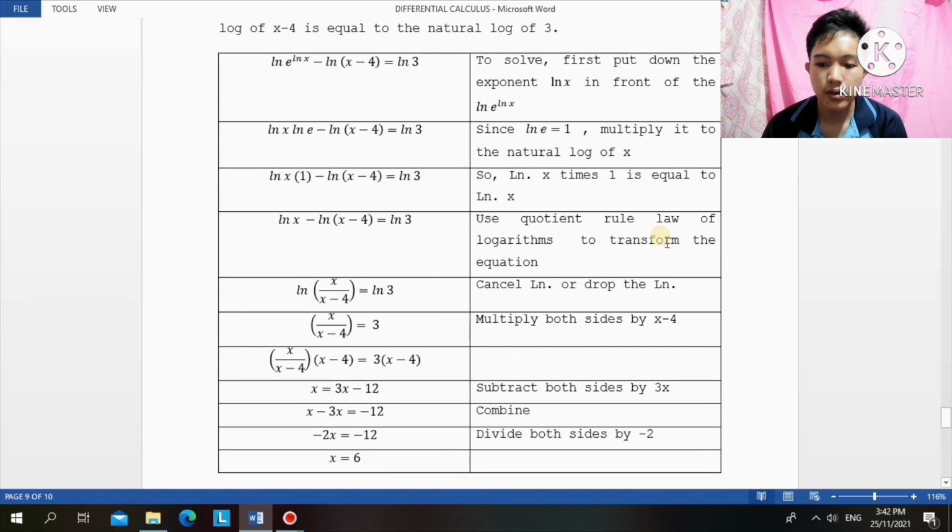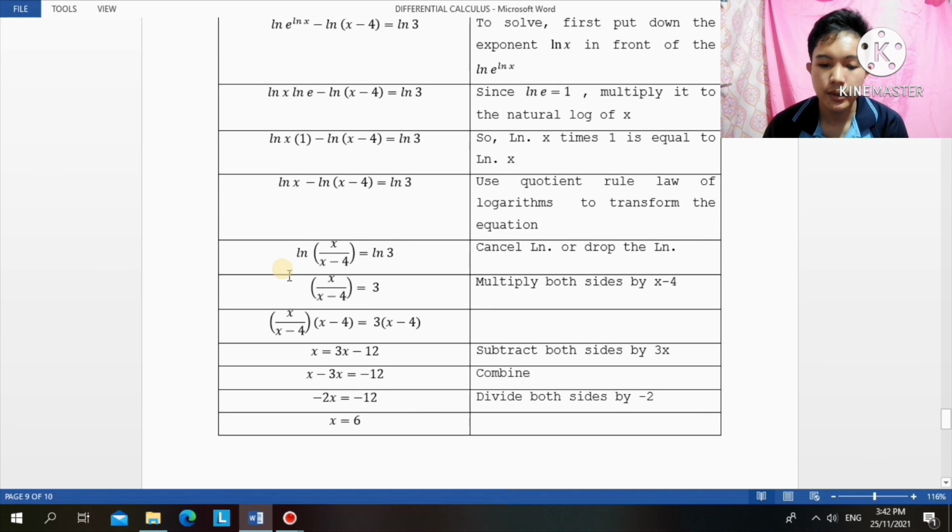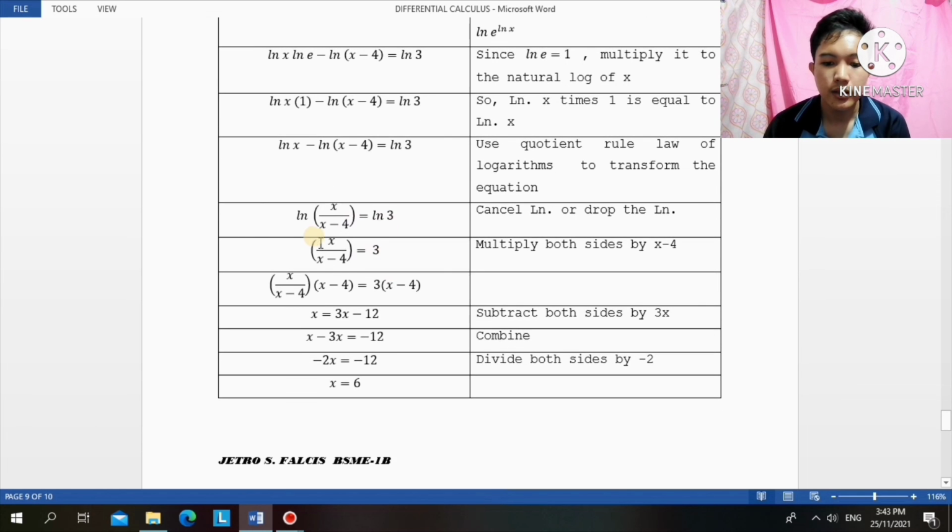So use the quotient rule law of logarithms to transform the equation. We will use the quotient rule since it is minus. So our equation will be natural log of x over x minus 4 is equal to natural log of 3. So drop the ln.